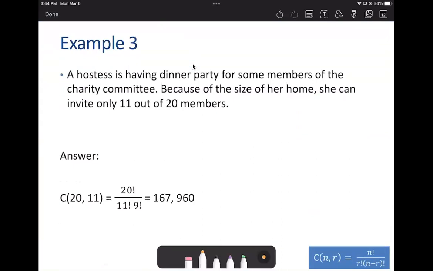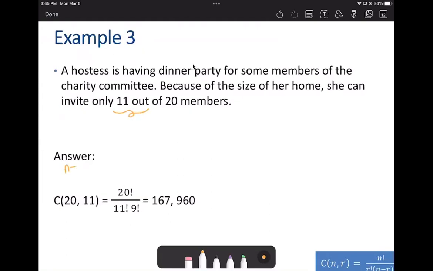Now, let's have another example. A hostess is having a dinner party for some members of the charity committee. Because of the size of her home, she can invite only 11 out of 20 members. This is very straightforward. We need to select 11 out of 20.